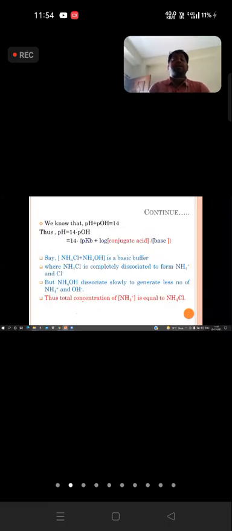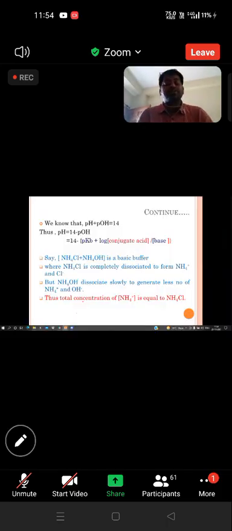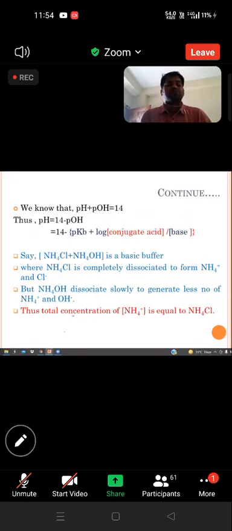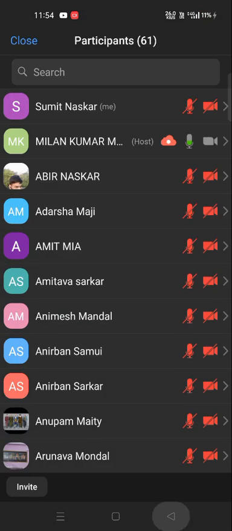Next, some information if we consider a basic buffer, NH4Cl plus NH4OH, where NH4Cl is a salt of a strong acid. That's why NH4Cl can completely dissociate within the aqueous solution, but NH4OH slowly dissociates and generates less amount of NH4 plus and OH minus.